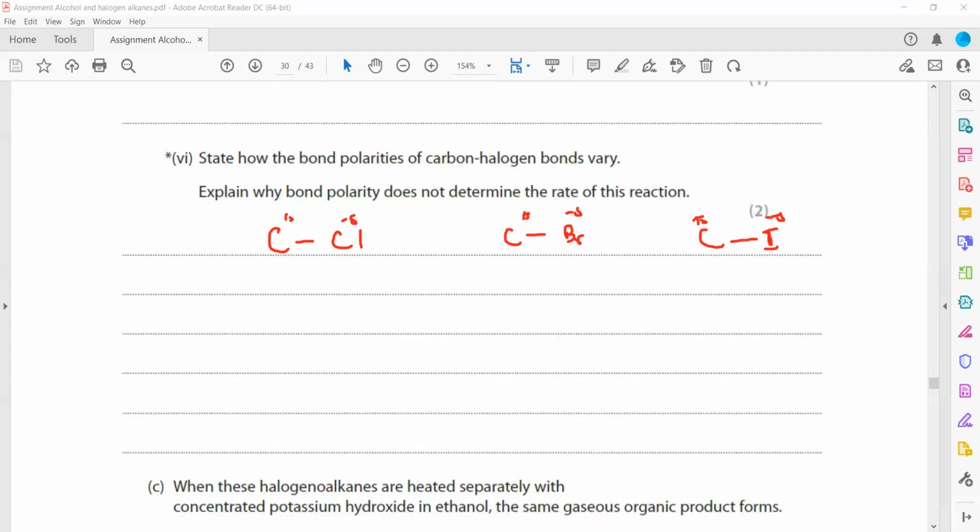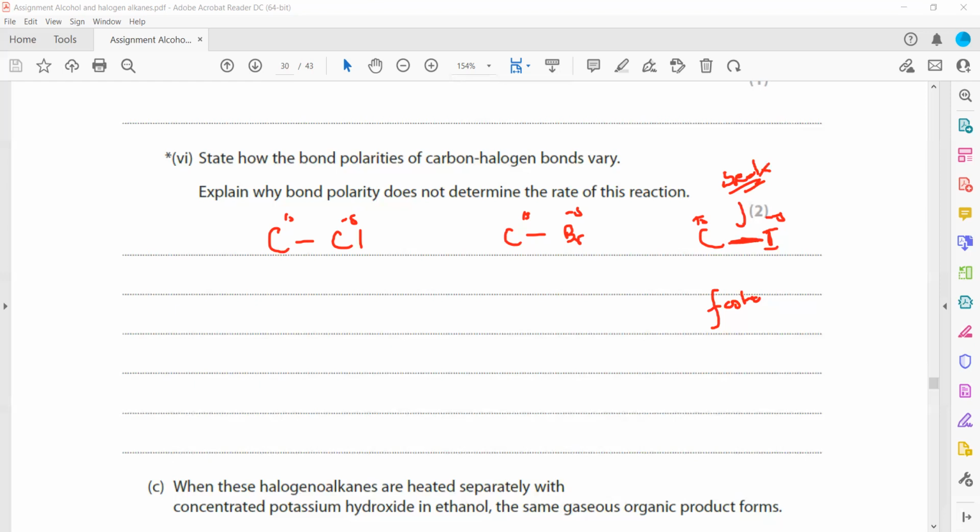And then the rate of the reaction, which one reacts faster, depends on the bond energy. Carbon iodine has a longer bond, so weaker attraction, greater distance between the nucleus of the two atoms and the shared electrons. That's why this bond can break easily. So the rate of the reaction depends on the bond energy, and the bond energy of carbon iodine is lower compared to carbon chlorine.